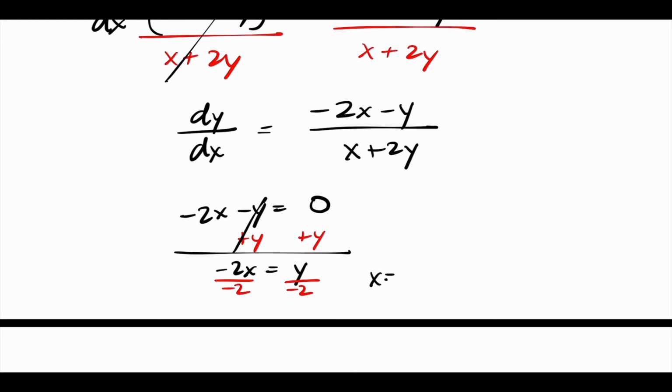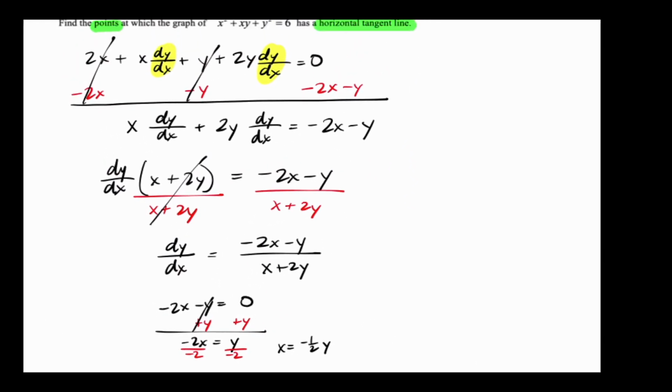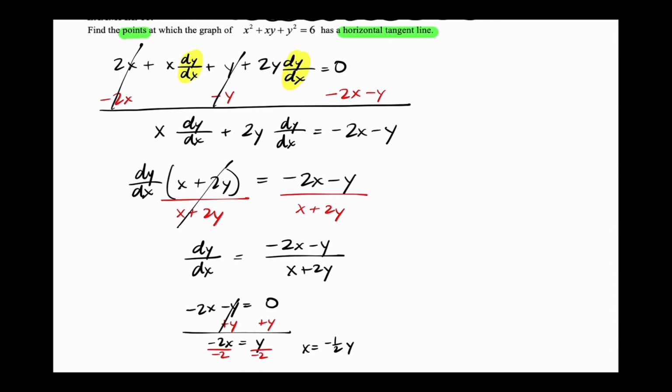So we get x equals y over negative 2, or negative 1/2 y, whatever. The way I did this is that I plugged that x value back into the original. And then you plug it back into the original? Yes. All right, let's try that.